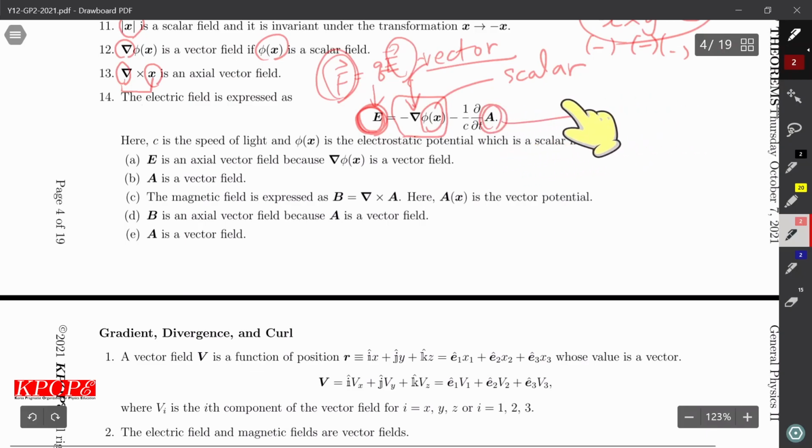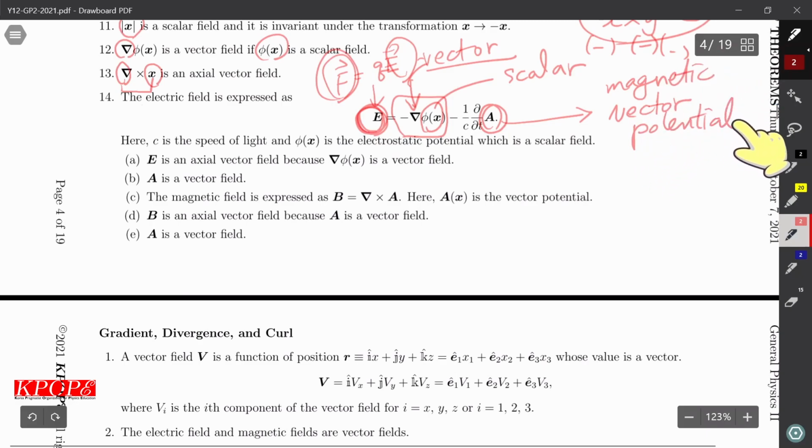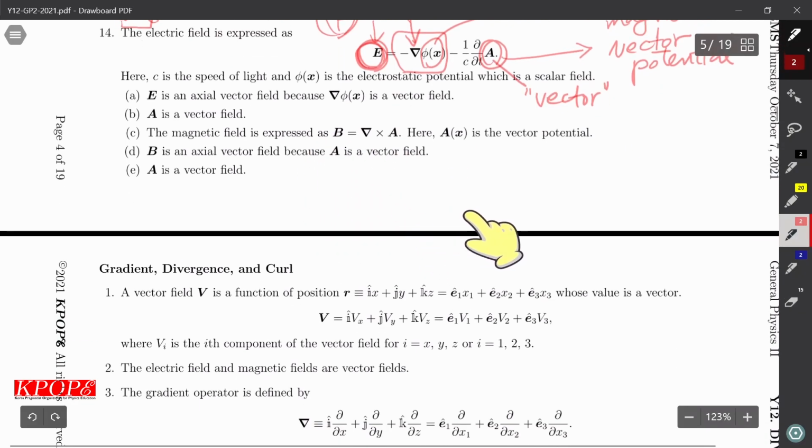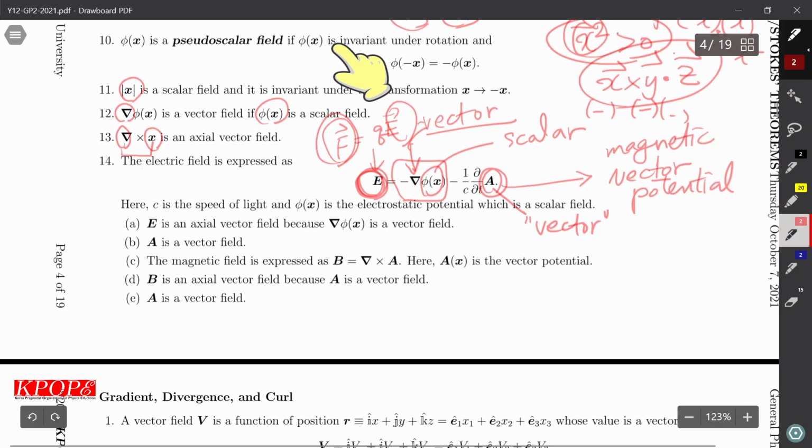later we will learn that this is a vector potential, the magnetic vector potential, and this is a vector. In a similar manner, the magnetic field B is curl A, where this is a vector and this is a vector.